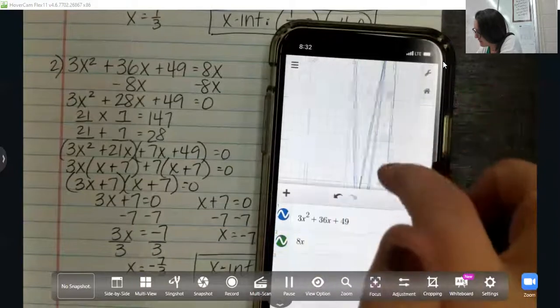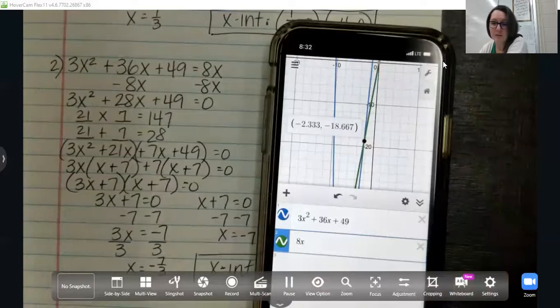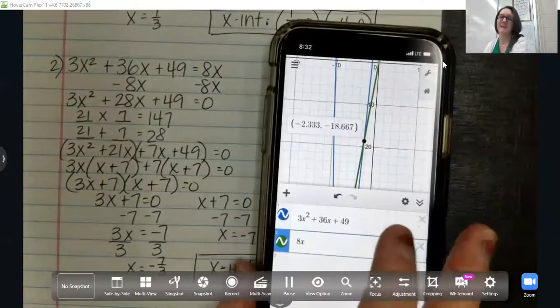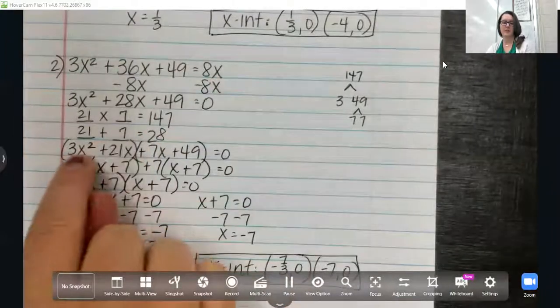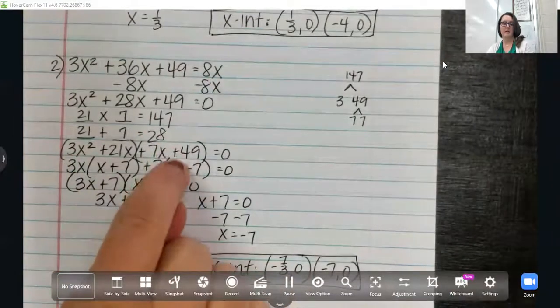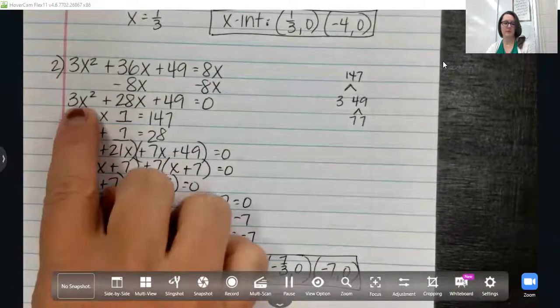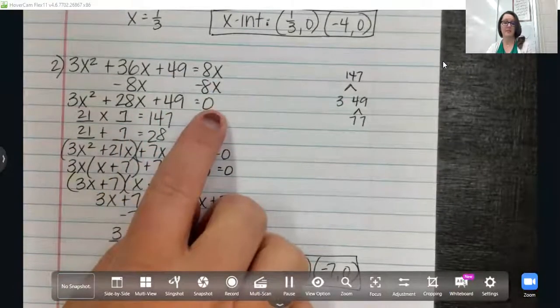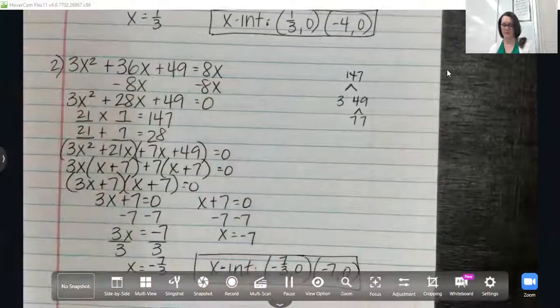I have it at -7 and where is this? -2.33. So that's pretty cool, right? So if it's set up like this to check your work, you can set this one up in your graph and see where the zeros are, or you can set up two different functions. Kind of cool to see that.